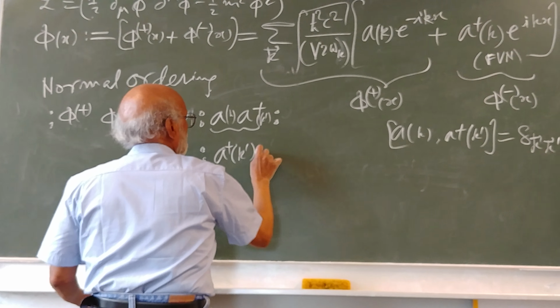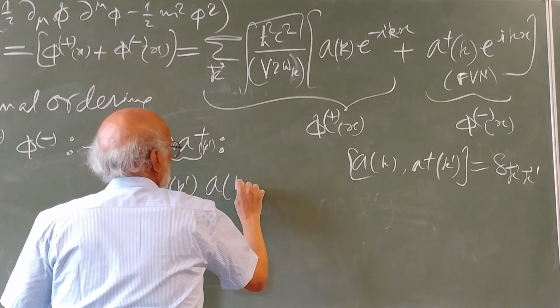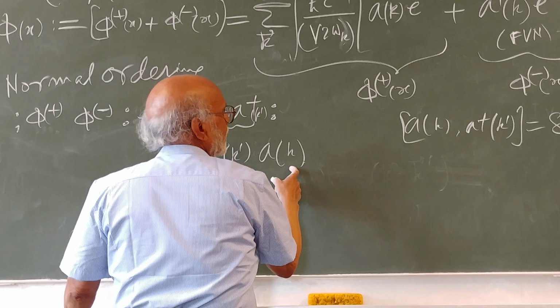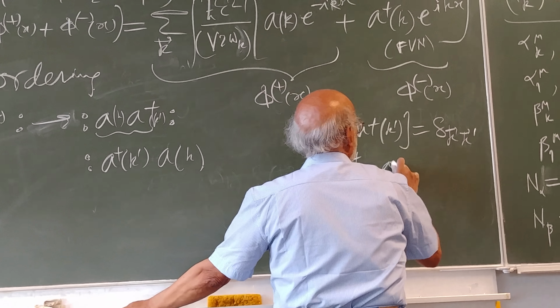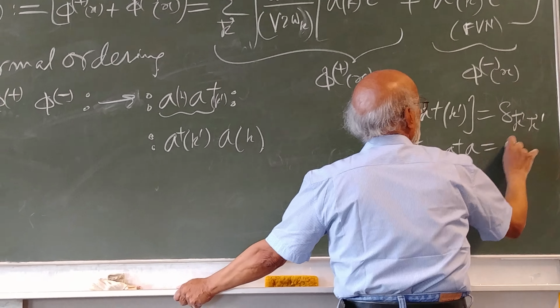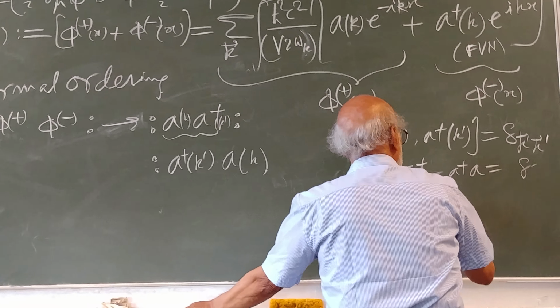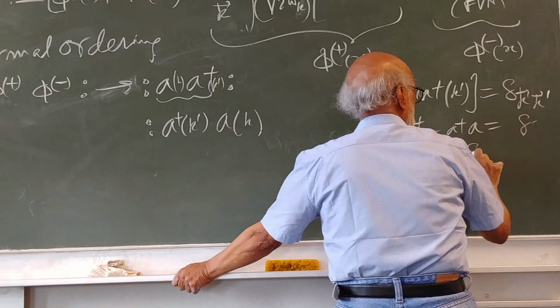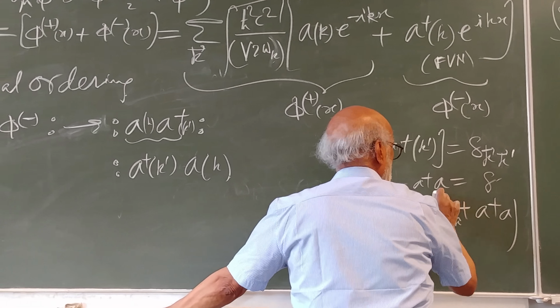A dagger of K, A of K prime. So A A dagger minus A dagger A equals this delta, which is 1. So A A dagger is 1 plus A dagger A. Okay.